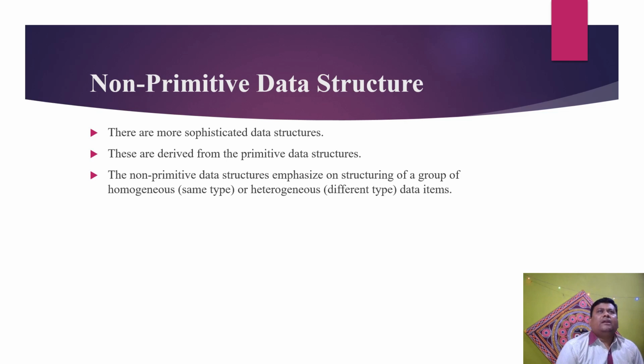If we go for employee details, it contains employee ID, name, designation, address, and salary. So different data are there. Employee ID takes an integer, employee name takes characters, and employee salary takes a floating point data type. So it is a collection of different data types, which are heterogeneous data items.